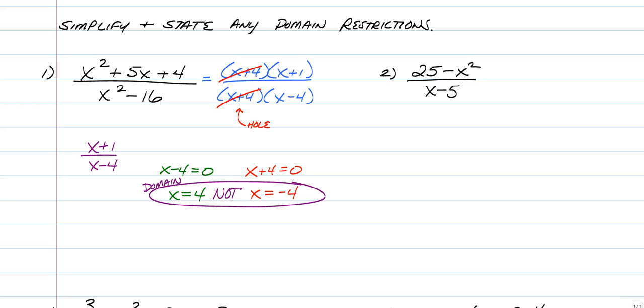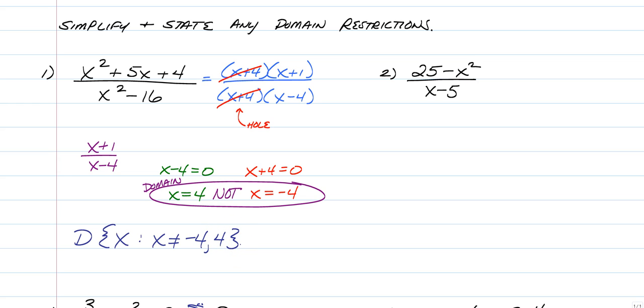So how do we do that? How do we write this as a domain? Well, it's just a simple notation that we write like this. So we have our domain, and we're going to have a set. And the way we write this is x, and then we list what x is not allowed to be. So x is not allowed to equal -4 or 4.